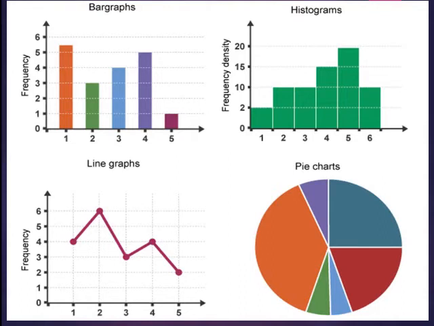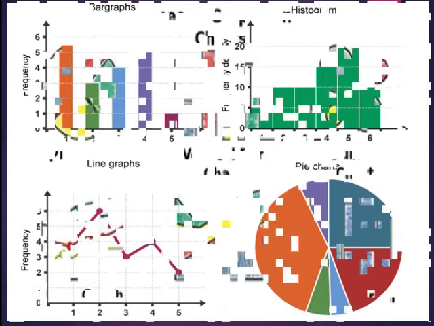First of all, you need to identify which graph is what. At the up left corner of this slide, you see bar graphs. At the right corner of this slide is the histogram. At the left bottom is the line graph and the right bottom is the pie chart. These four charts are also very important. Let's have a look at the next slide.